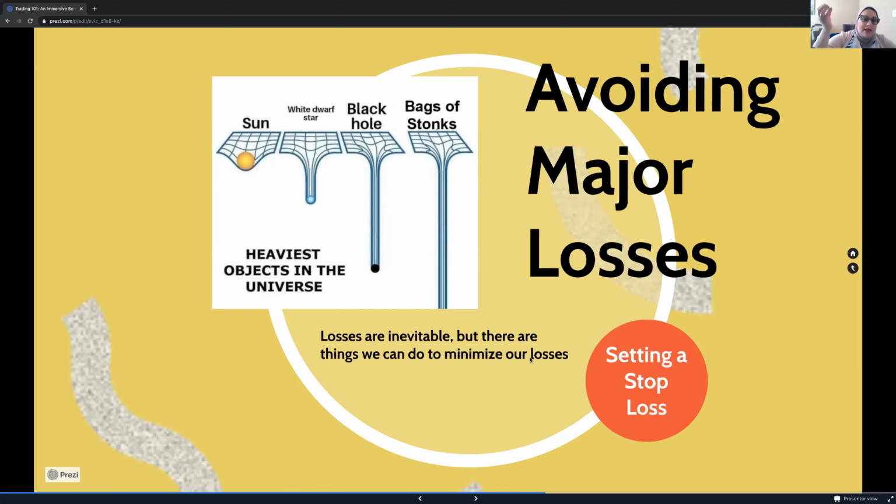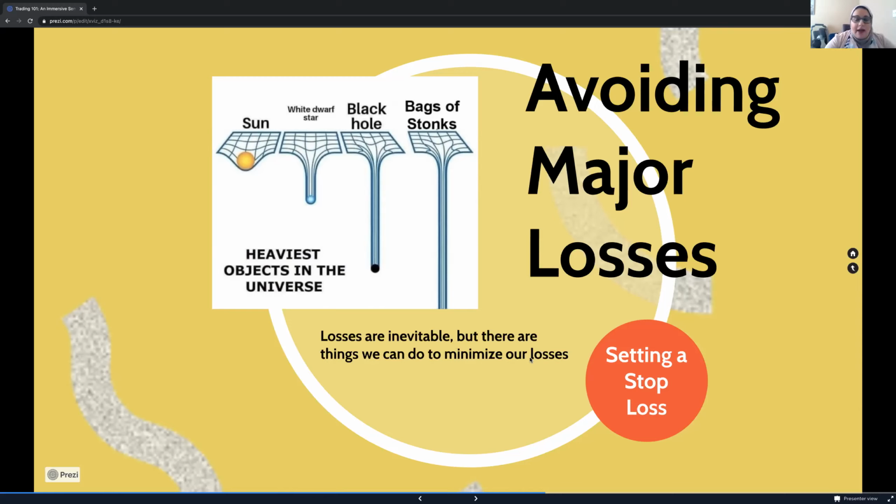Whereas if you had set the stop loss and taken a loss of 0.75% or 1% on each little position, you would have your capital free, and you can buy back at the bottom. You would have been better served. So that's why it's important to set a stop loss. And I learned that lesson.